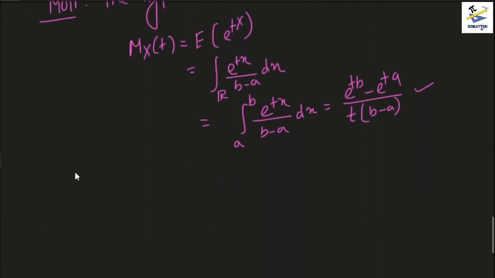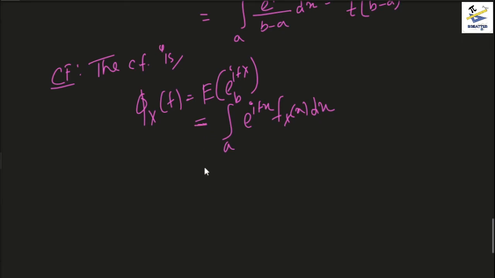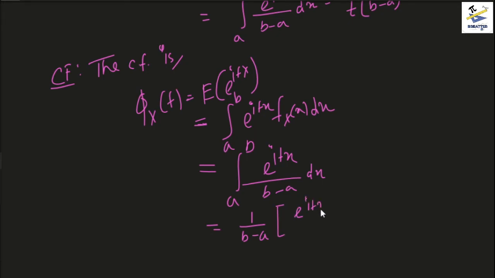So what remains to find is the CF. It is given by phi x of t, which is expectation of e to the power itx, and this is the integral from a to b of e to the power itx times f of x dx, which is the integral from a to b of e to the power itx by b minus a dx, and similarly it becomes 1 by b minus a into e to the power itx by it from a to b.